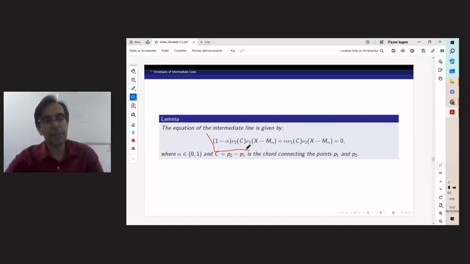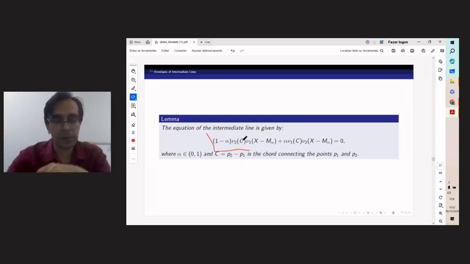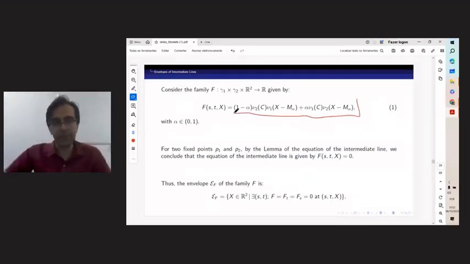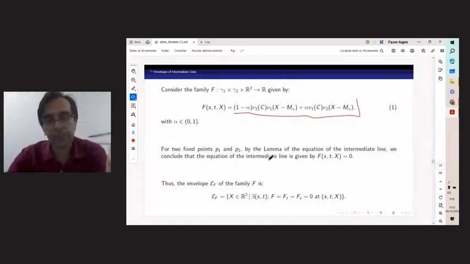Here C is the segment, the chord connecting points P1 and P2. It's a vector. Now we will consider the family F, whose zero set is exactly the line, and we are going to study the envelope of this family. The calculation is really simple using that lemma that I mentioned before.